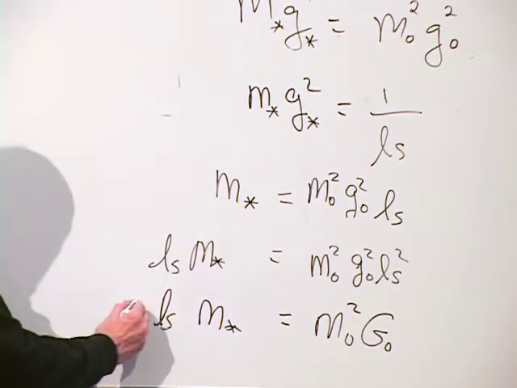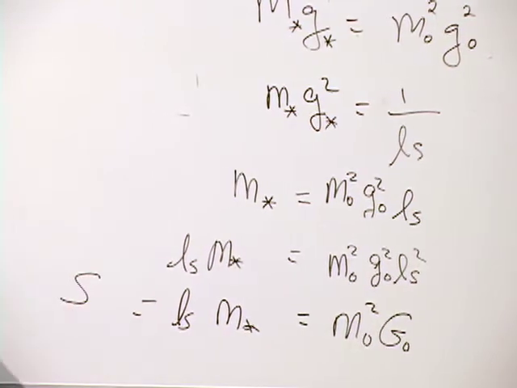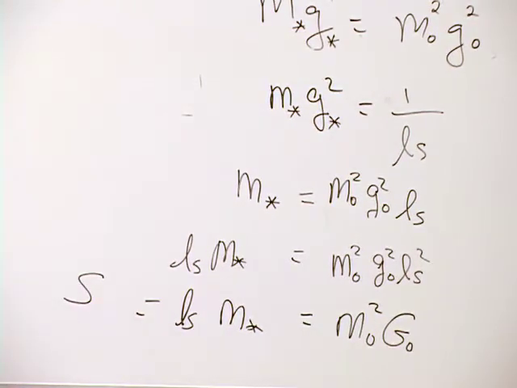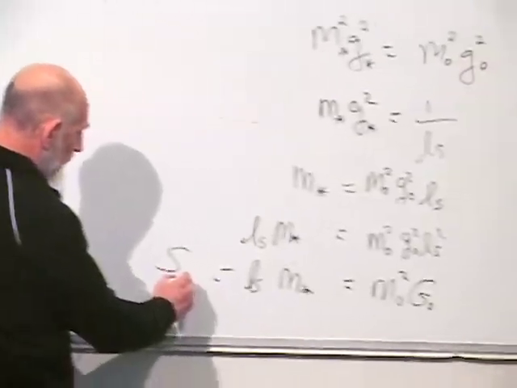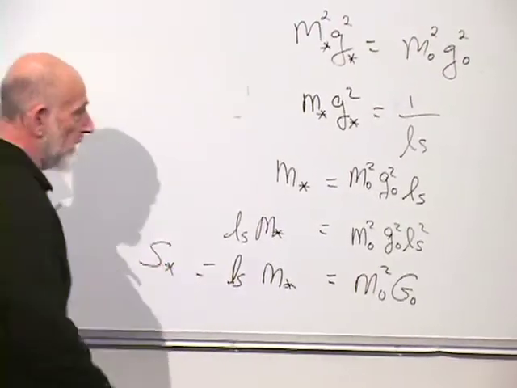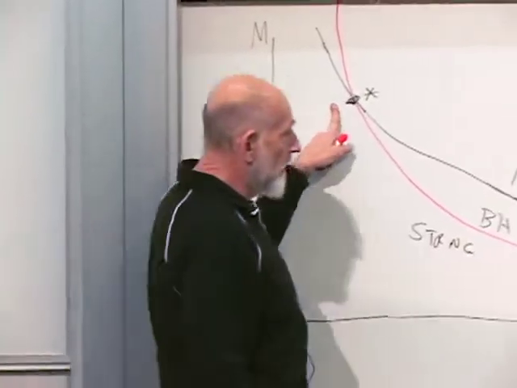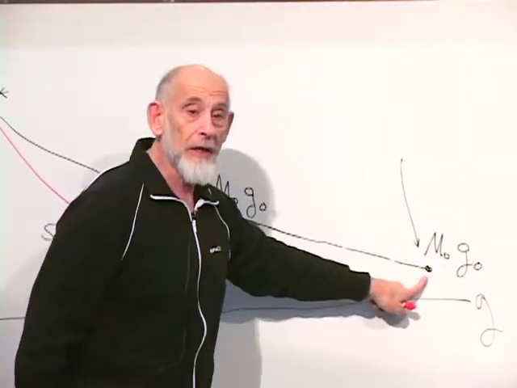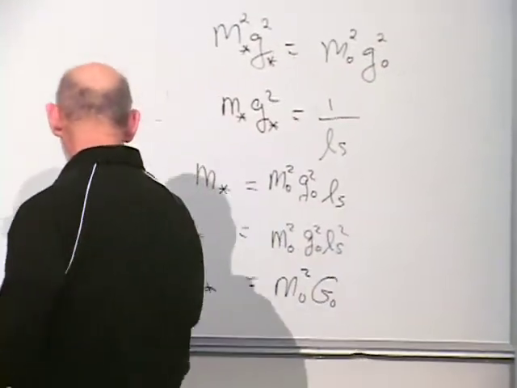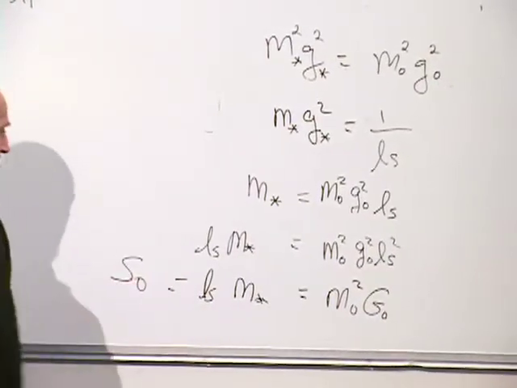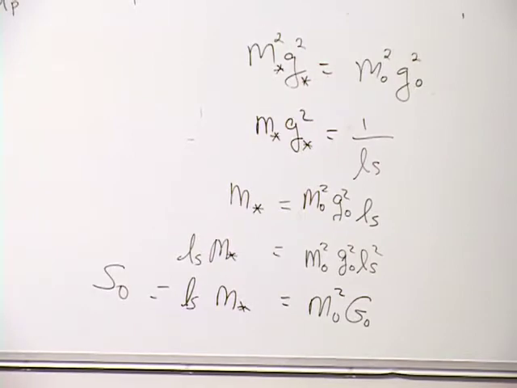So this is, where's the equation? That's this equation over here. It's the entropy at this point, but it's also the entropy over here. So in particular, it's the entropy of interest.